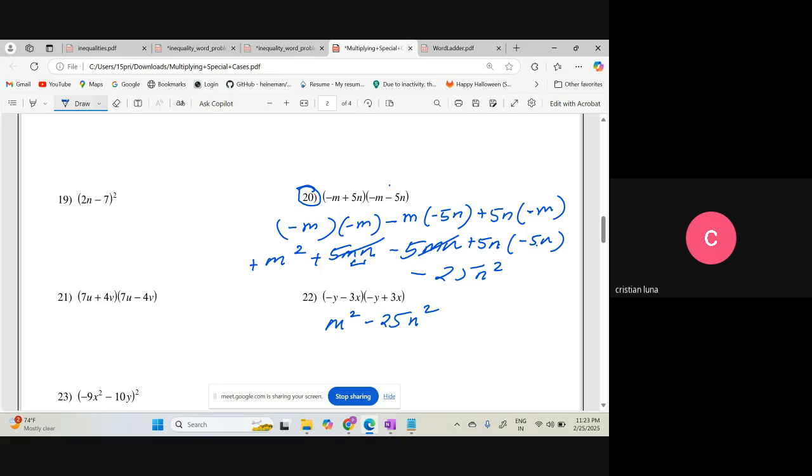Okay, so similarly, can you try 22 with the same logic? Again, you just have to be careful. You do know that u times v is uv, right? Then v times u is also uv. It does not matter because they're being multiplied.